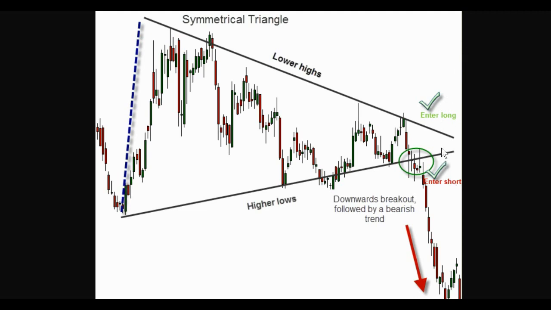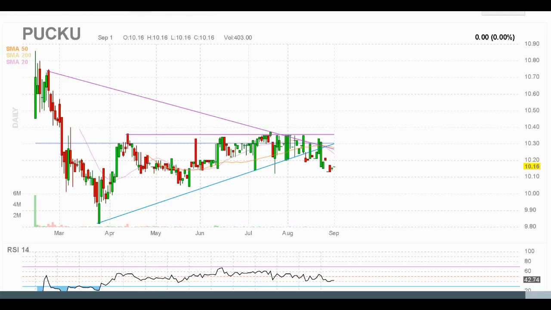Or the other possibility is a big red candle below that support level here. And look for that volume as well. And this is what happened here, right? The candles just got nastier and nastier, and it just kept going down, didn't it, right? Let's see that in real life.